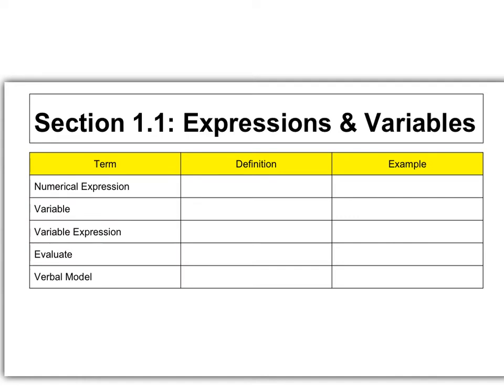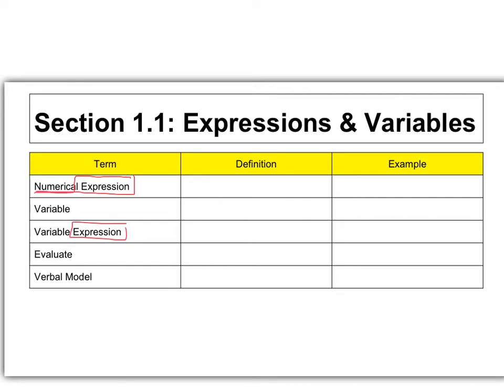Alright, let's get started with section 1.1, expressions and variables, and let's look at the vocab. I want you to note that there are 2 times where the word expression comes up. An expression has an operator in it, like adding, subtracting, multiplying, and dividing, and all the other operators out there. But there's 2 different kinds of expressions.